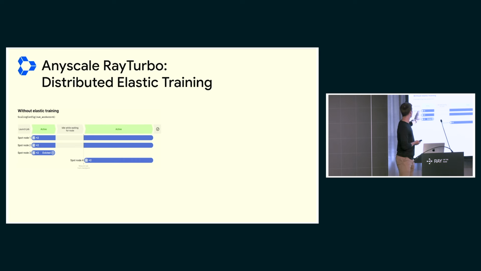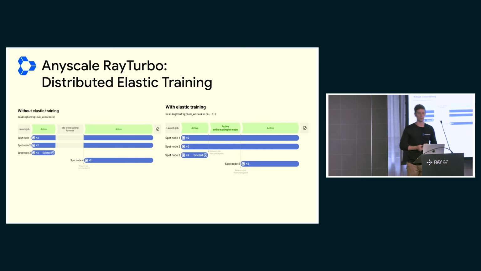You can see we have a world size of 3, so we have 3 trainers that are running on spot nodes. But if one of them gets evicted, then what happens by default in most training setups is that you'll pause and wait until the replacement node is added back to the cluster. But that means that you now have 2 GPUs that are idle during this period.